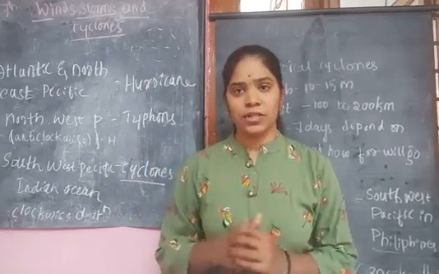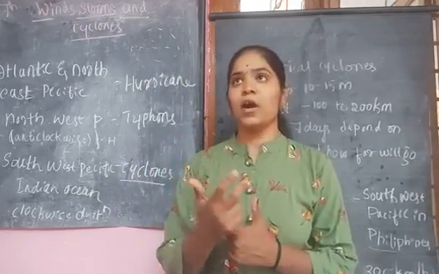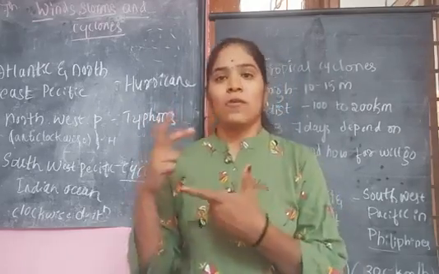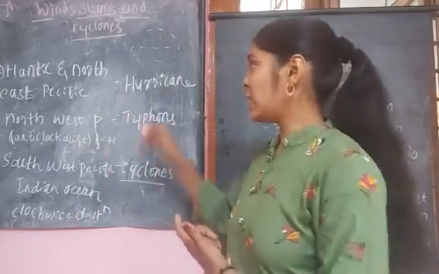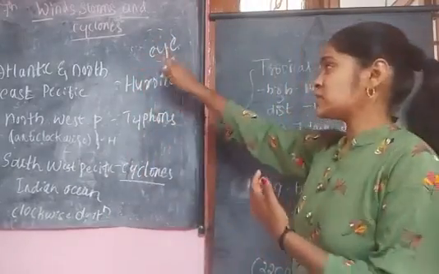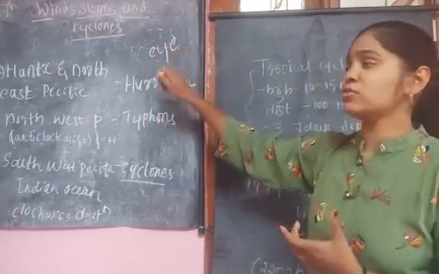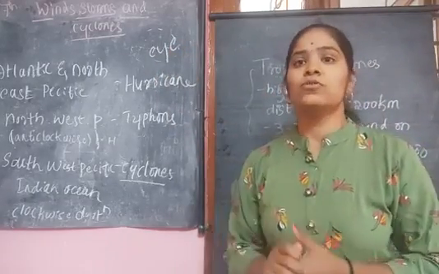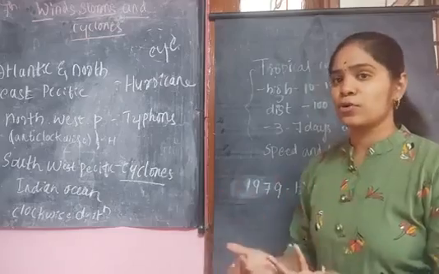So how are these cyclones produced? The central area present in the water bodies, we call it the eye. This is the main thing in cyclones, from where the winds are produced.